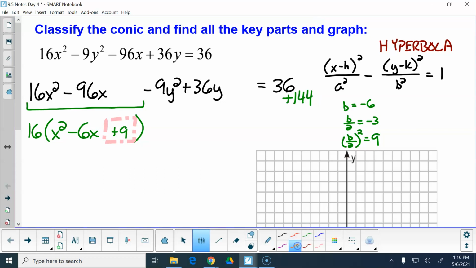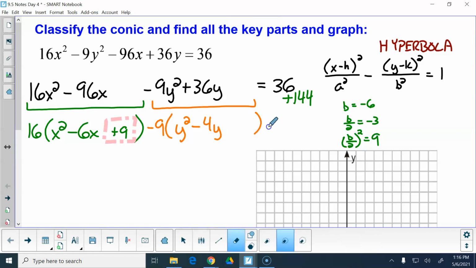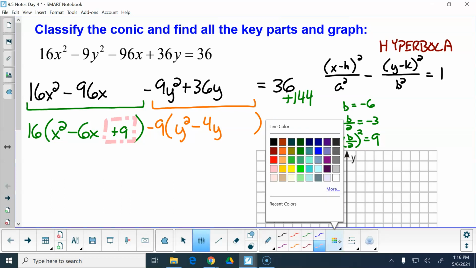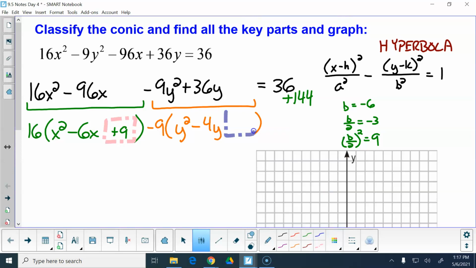Then I'm going to move on to this one. I'm going to factor out a -9. It'll leave me with y squared minus 4y. And that's going to give me another box that I've got to fill.